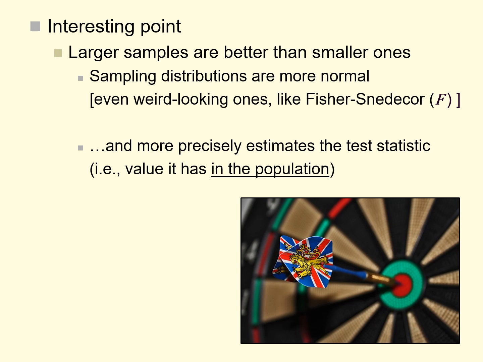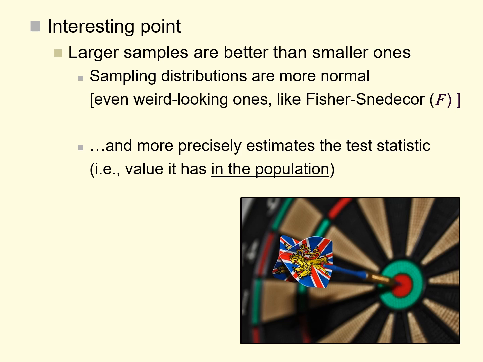There's another interesting point here, and it's just a reminder that larger samples are generally better than smaller ones for all sorts of reasons, and one of them is that the sampling distributions for them look more regular, or indeed more normal in shape. Even weird sampling distributions like the F distribution, and that allows us to more precisely estimate the probability of a test statistic.